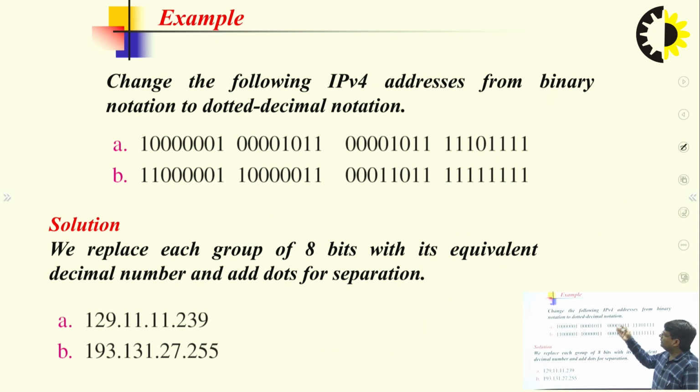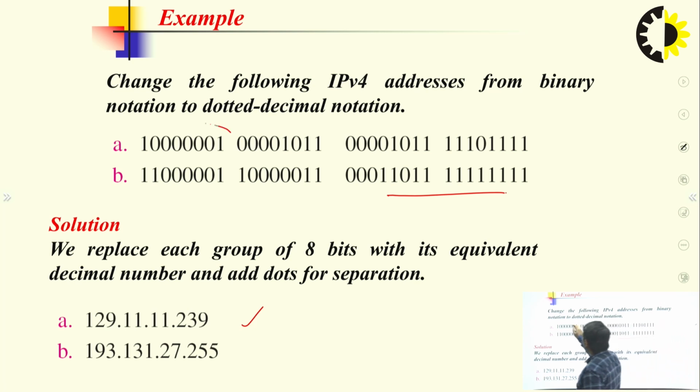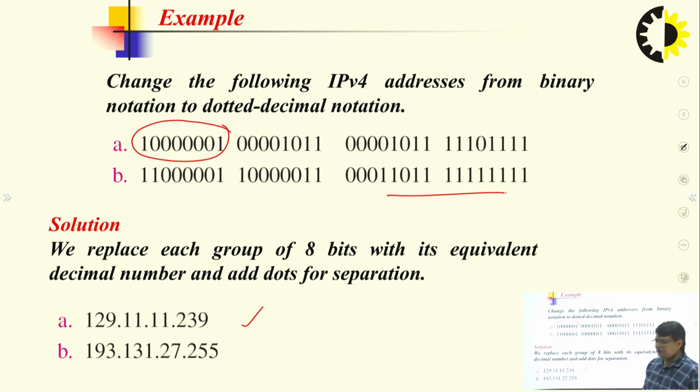So we can replace the binary notation of IP version 4 with the corresponding decimal notation. One example is shown. Each group of binary bits is replaced by its equivalent decimal.